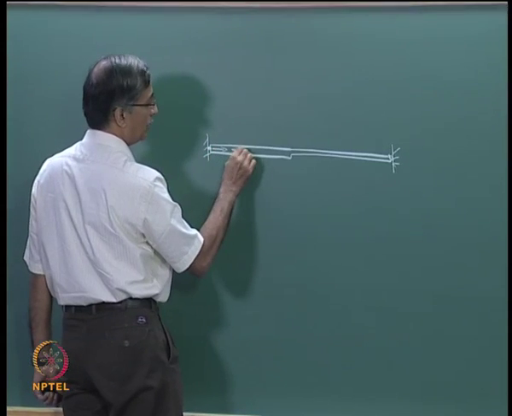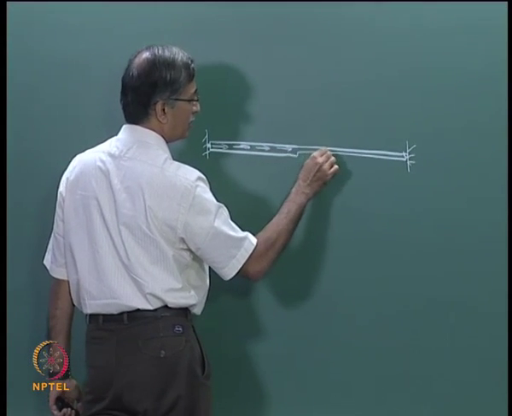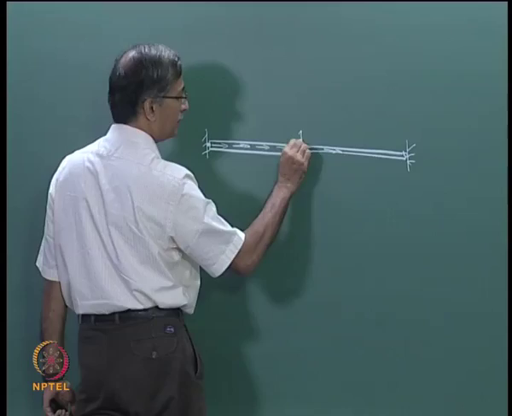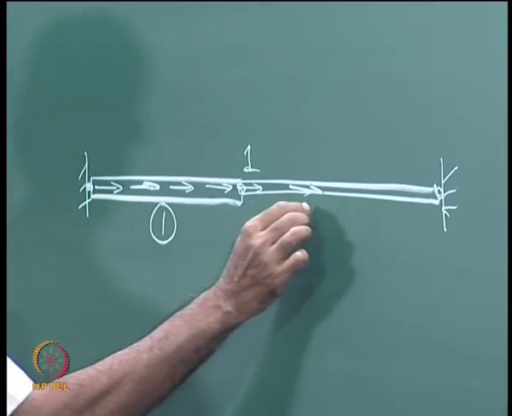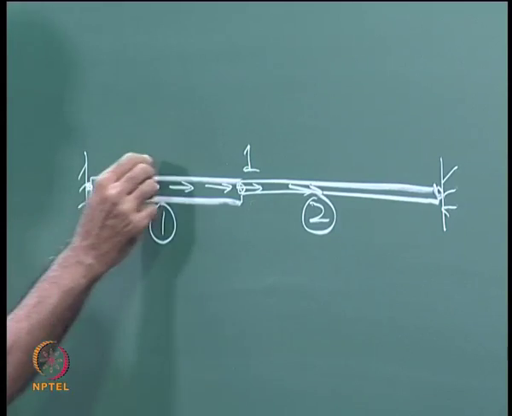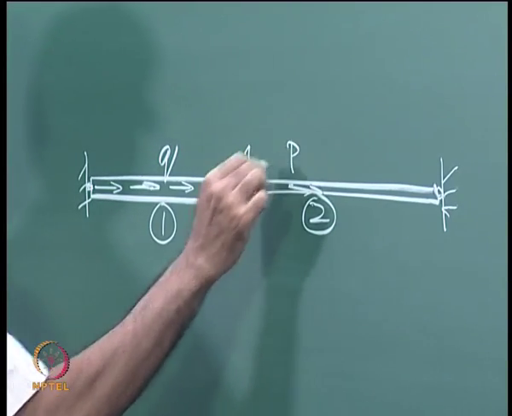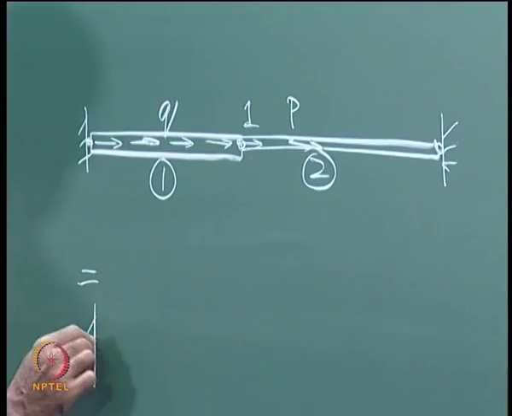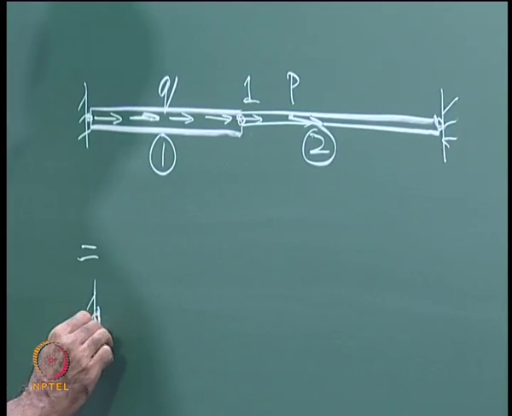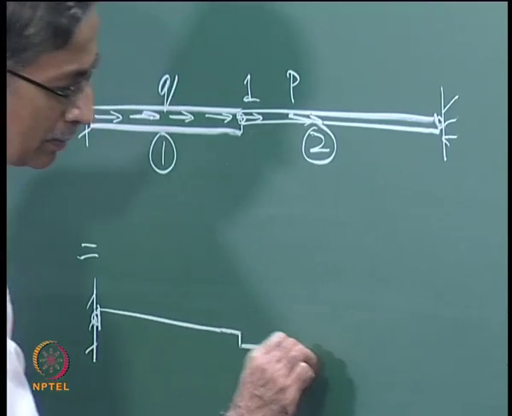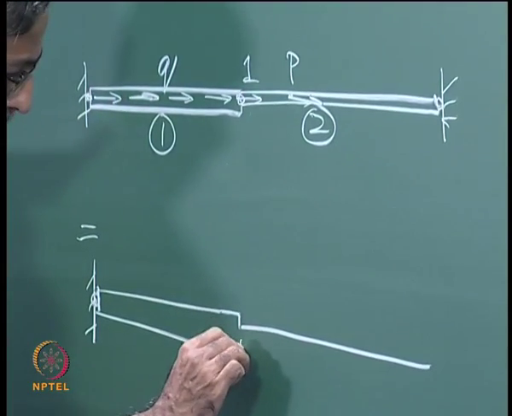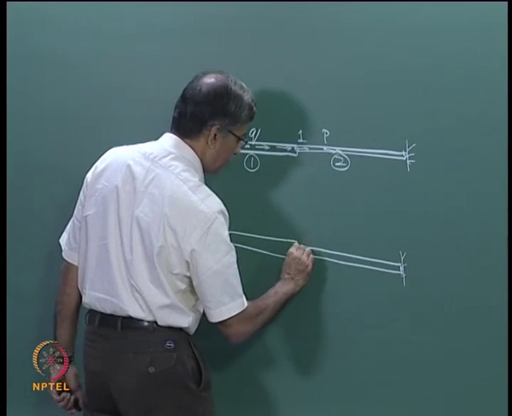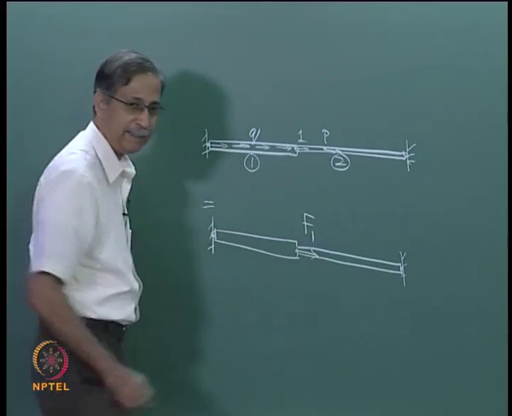You had some distributed load, you had a concentrated load, you had 1 degree of freedom here, 1, this was element 1, this was element 2, let us say this load is Q and this load is P. We somehow want to reduce this to a problem where you have only one force here which we called F1, right.